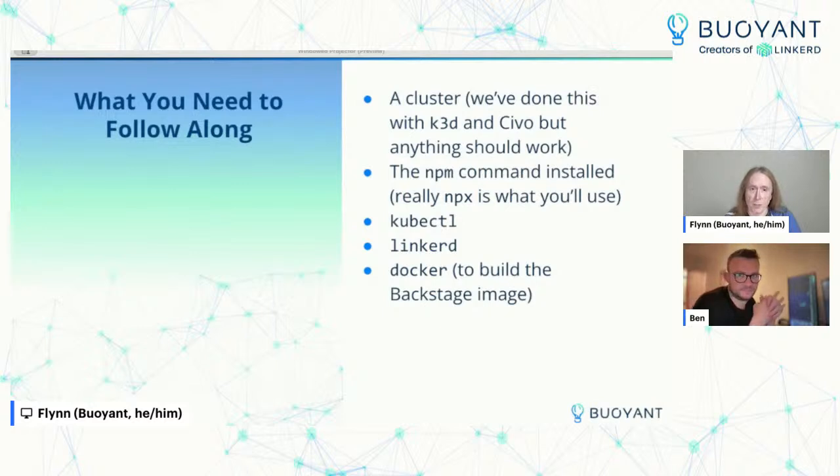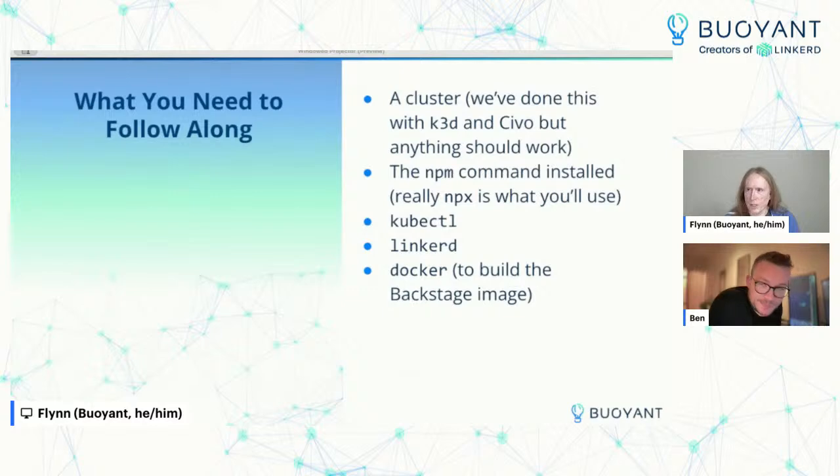If you want to use something like Minikube, then you can presumably work around that. You will need the npm command installed because some of the stuff we're doing with Backstage will rely on that. Really, that's the npx command line utility, but that ships with npm these days, so that's the easy way to get it. You'll need kube control, you'll need the Linkerd CLI, and you'll need Docker to build a Backstage image.